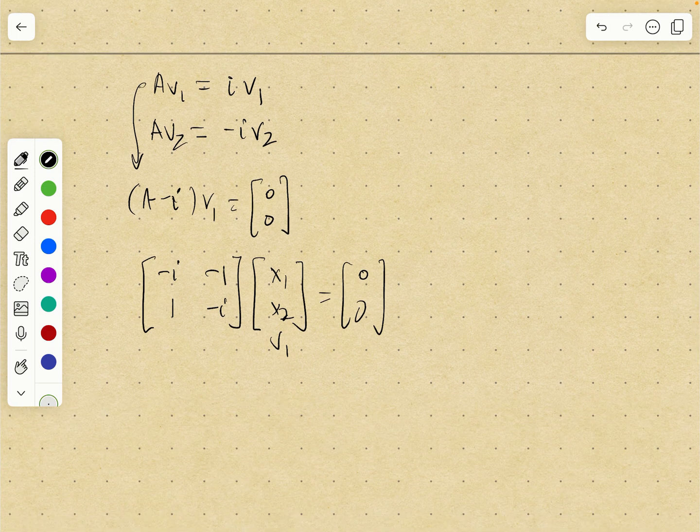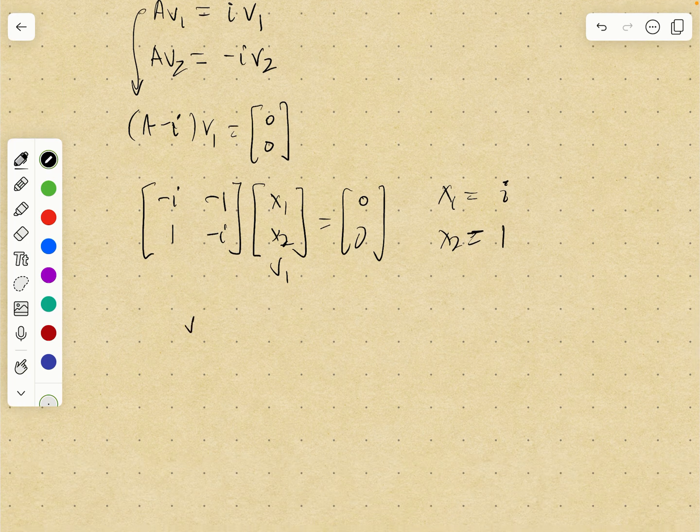Now we can take x1 to be i, and then x2 to be 1. Is that okay? Let's see. The second equation is definitely true. And then the first equation, negative i times i is positive 1, and then plus negative 1 times 1 is 0. So our V1 can be the vector i, 1.